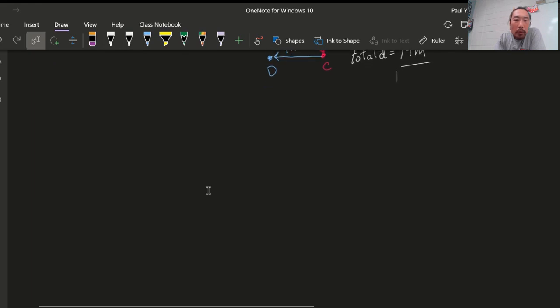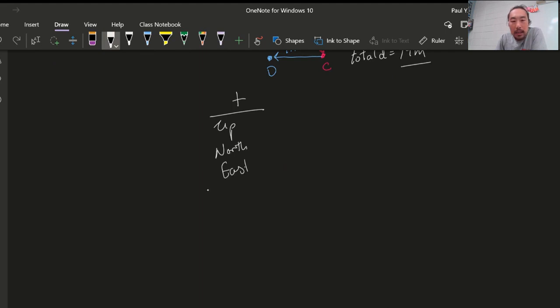Now that we're on the topic of positives and negatives and directions, oftentimes in physics we'll describe direction with up, down, left, right, north, south, east, west. But the general rule of thumb is anything that is positive is up, north, east, right.